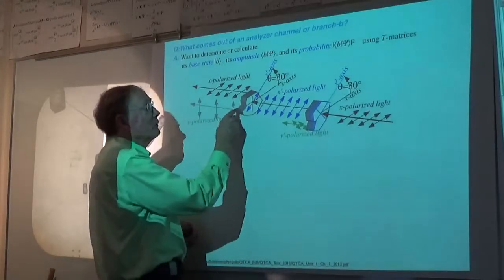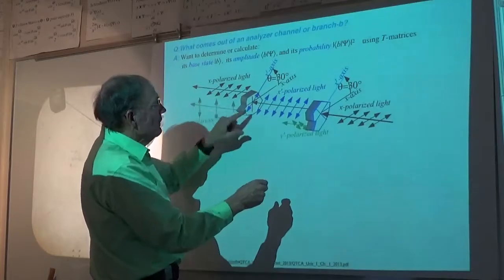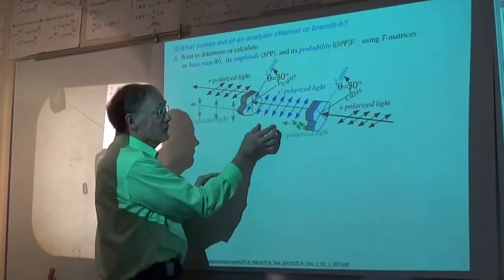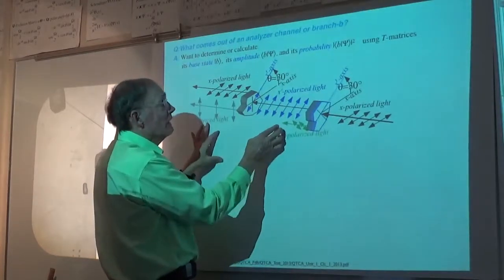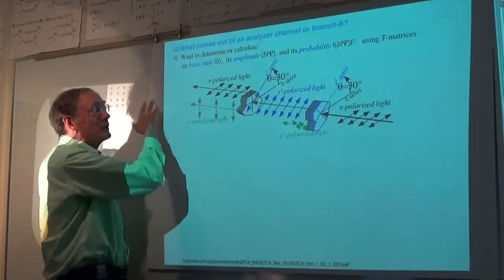And if you use another one, you're going to have 1, 2, 3 beams, but then if this one goes into an analyzer, you'll have 4, and so forth. You're going to do 2 to the n, where n is the number of splitters.